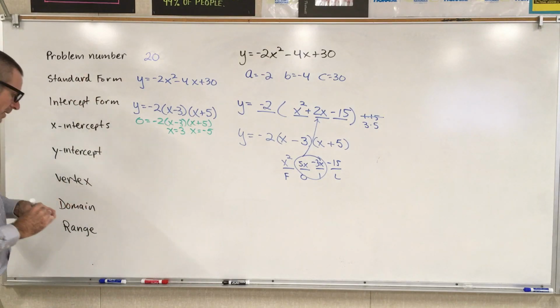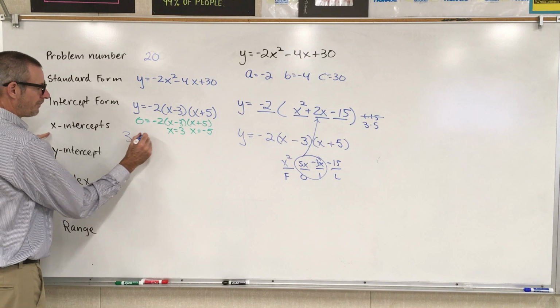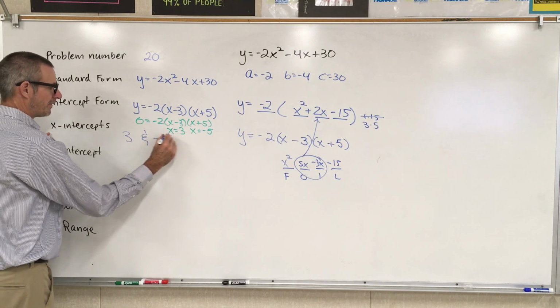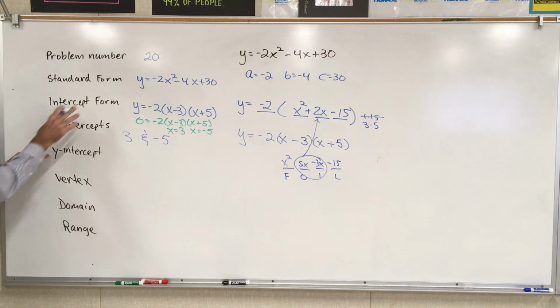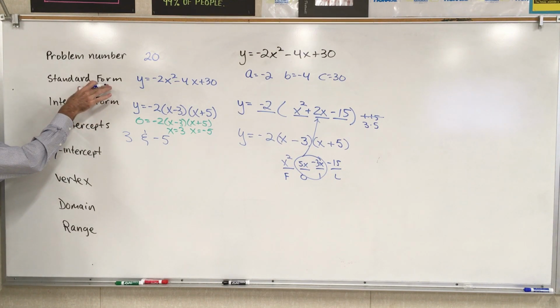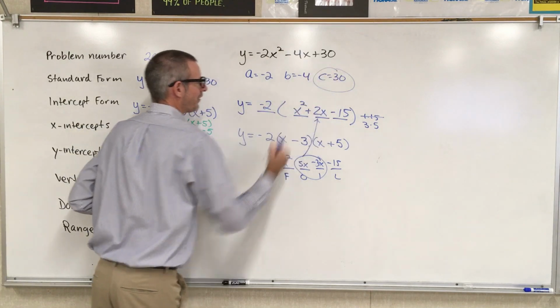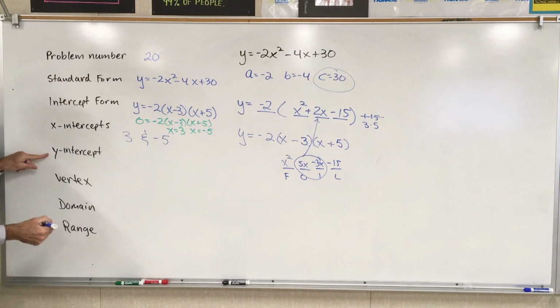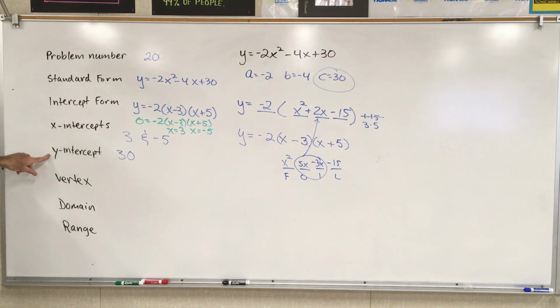So on this problem, my x-intercepts will be 3 and -5. All right, for my y-intercepts, I'm not going to look at intercept form, I'm going to look at standard form. Because in standard form, whatever your c value is, that's your y-intercept. So my y-intercept is at +30.